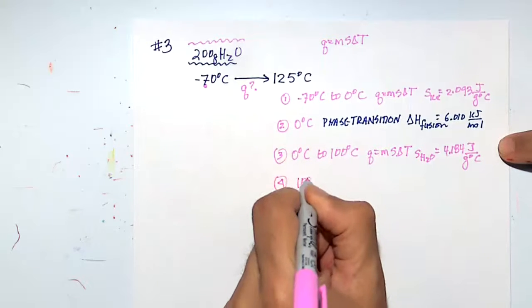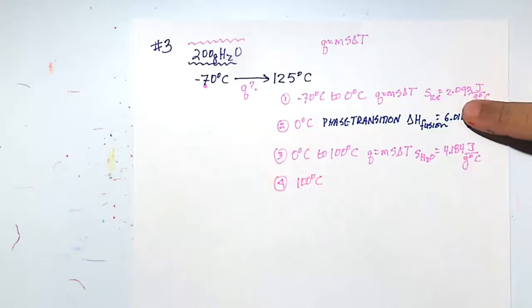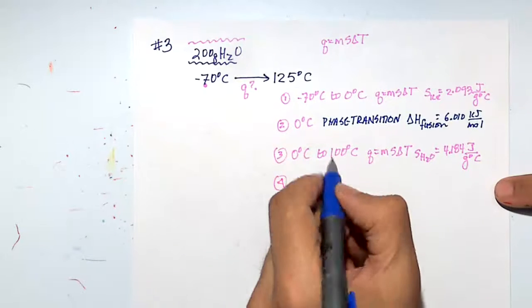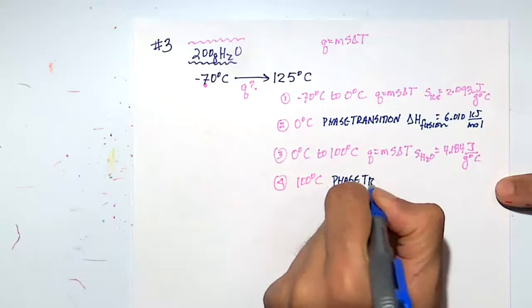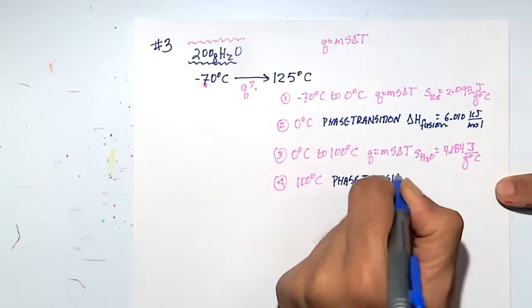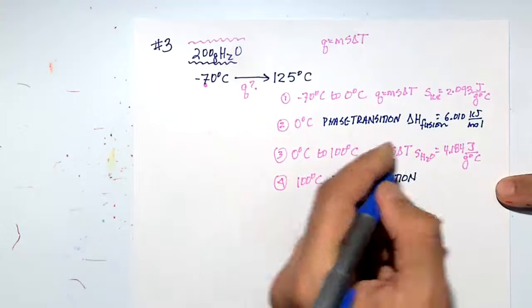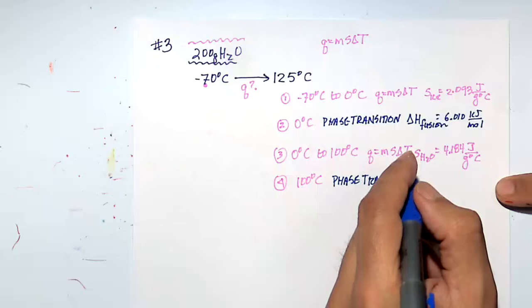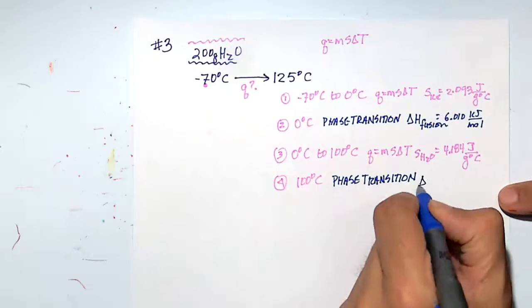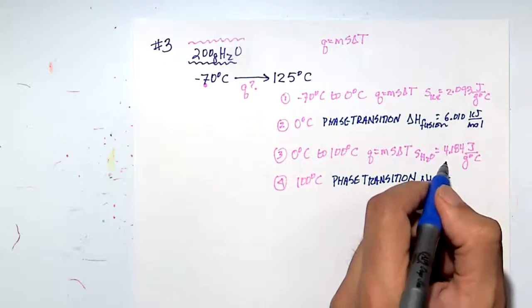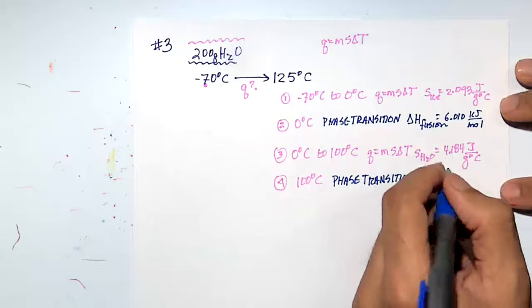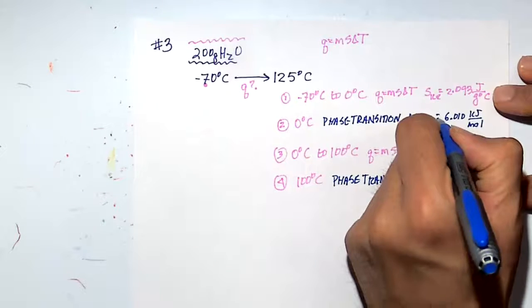At 100 degrees, we undergo what's called a phase transition. Here we have to overcome delta H vap, or delta H vaporization, and I'll give this number to you.